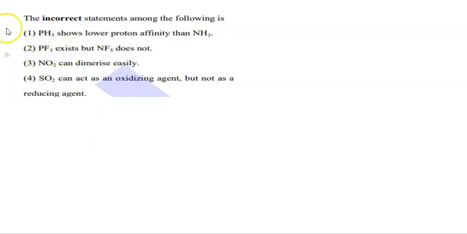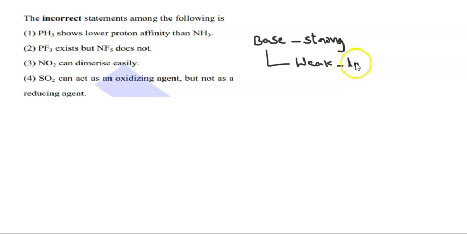The incorrect statement among the following is: NH3 shows lower proton affinity than PH3. So the base which is said to be strong has high proton affinity, and if the base is said to be weak, it has low proton affinity.